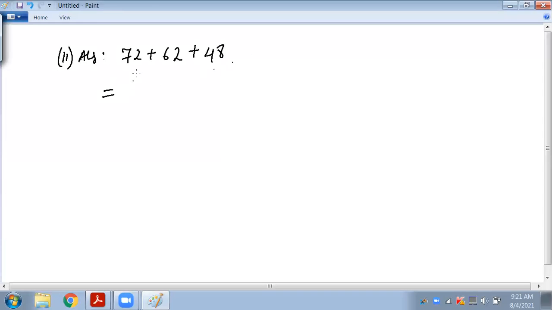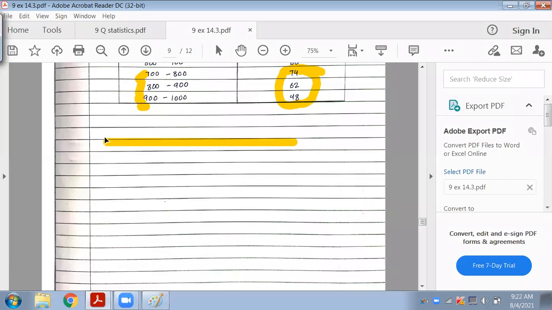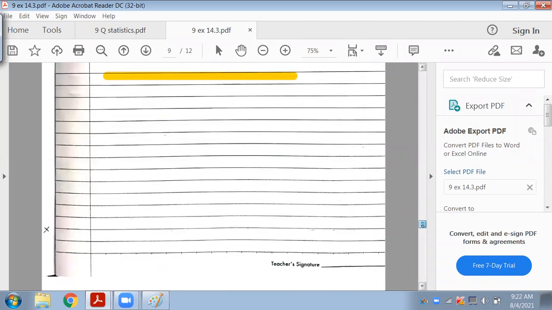So add it up, it will be how much? 182. So you are going to write it here. Answer number 2 is 74 plus 62 plus 48. That is how much? 182. Okay, I hope it is done.